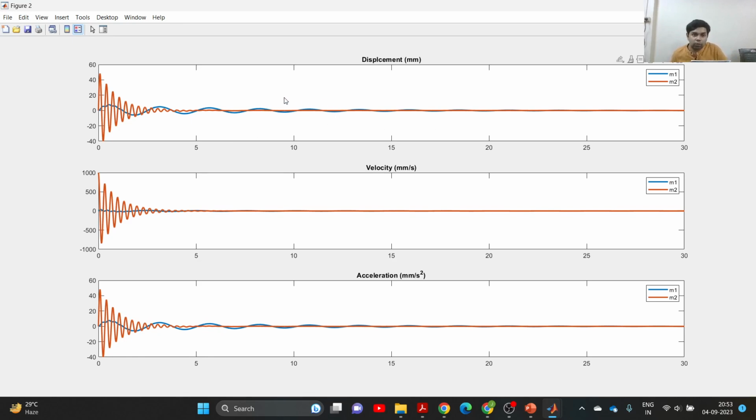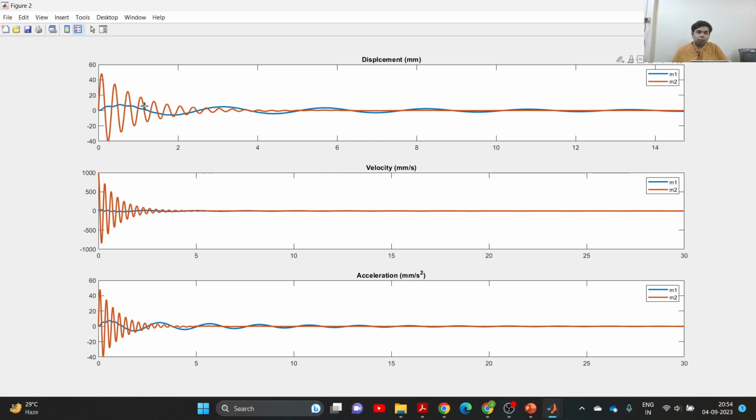When we give a velocity boundary condition to the wheels, we can see that because of the damping present in the system, the amplitude is decaying.